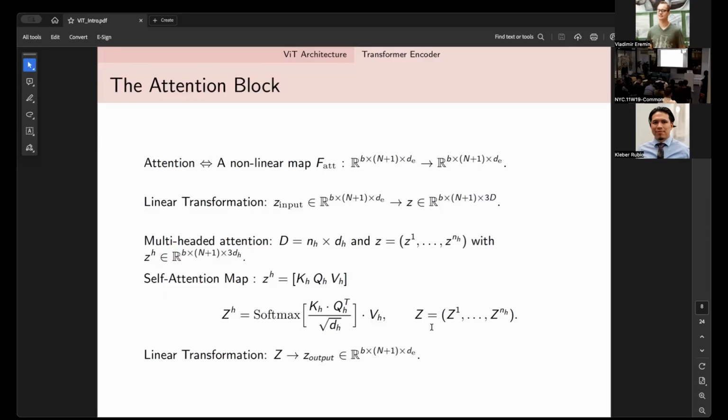Do you know some typical values for this? What's common in practice, the ratio between these? It depends on what kind of ViT you're using. There is a base model for which the value is something of the order of 200 or 300, and there's a large, and there's a huge.